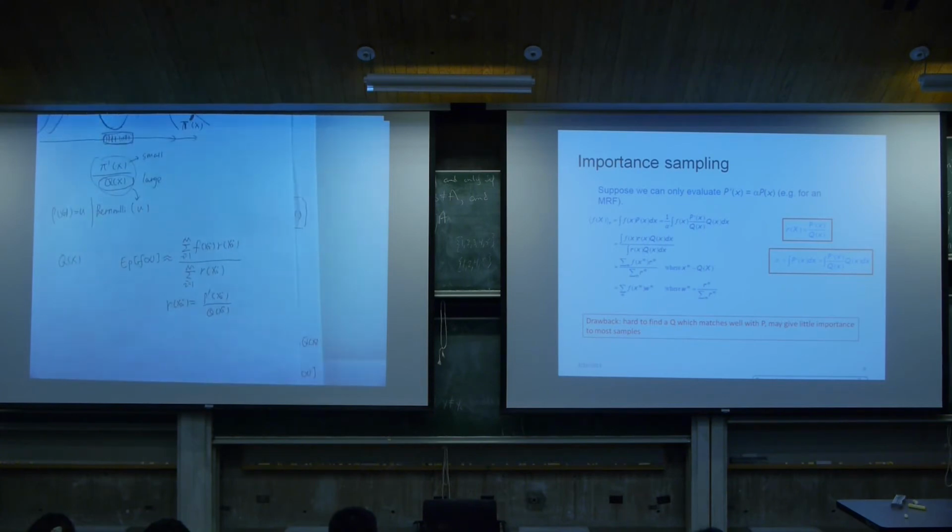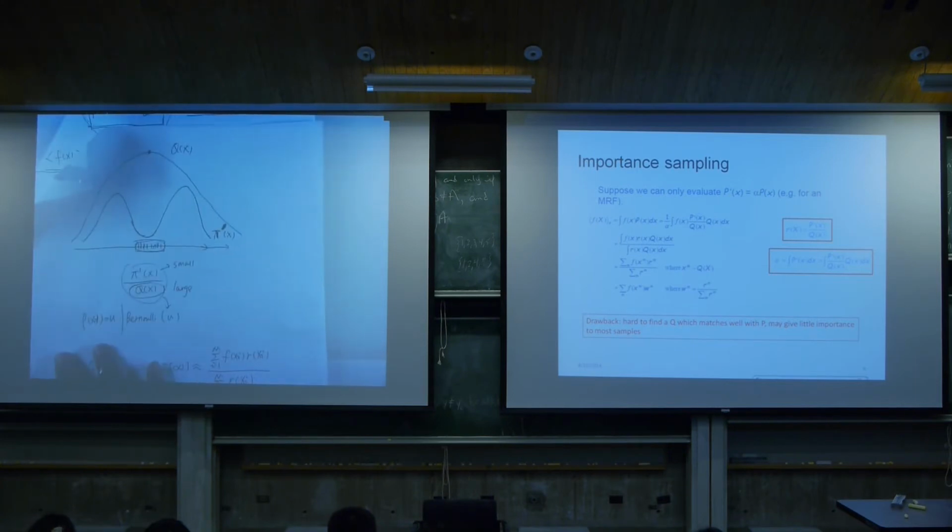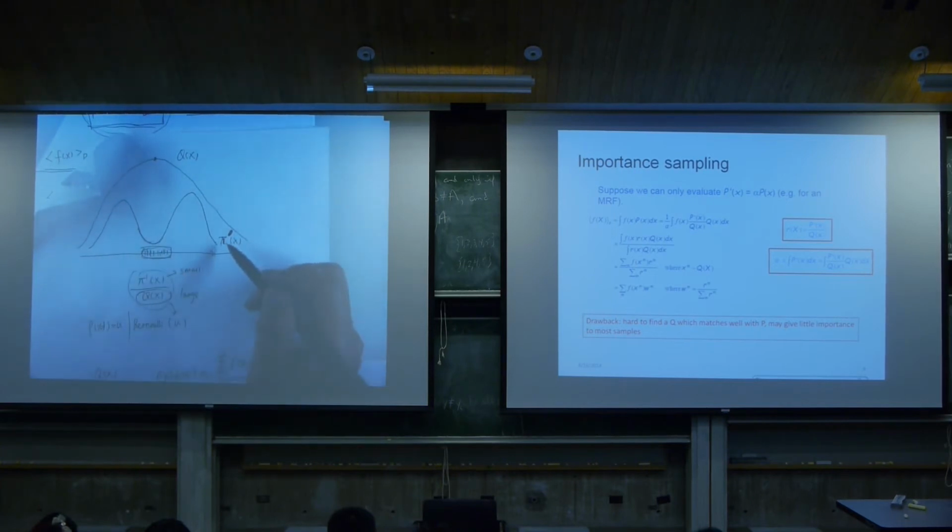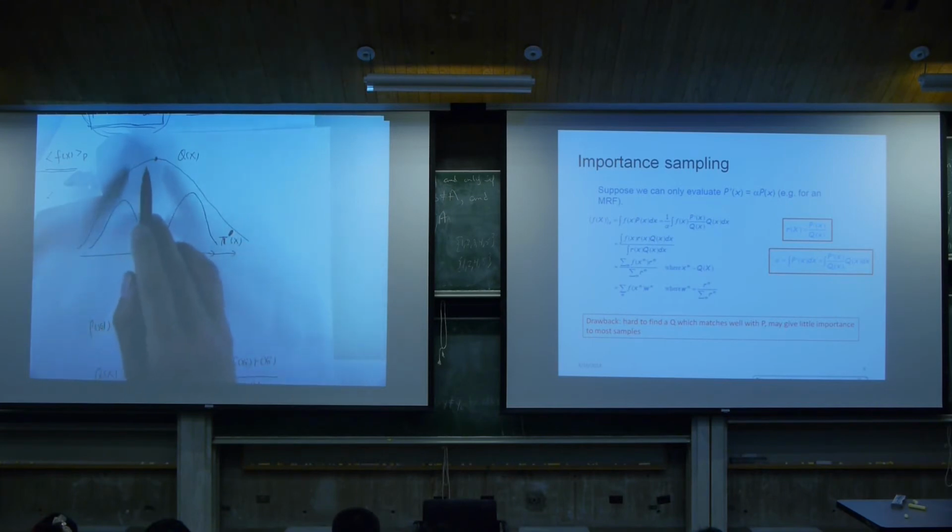In importance sampling, the two equations are like this. So let's say the true distribution is a two-mode distribution like this, and the distribution q you choose is a Gaussian like this.